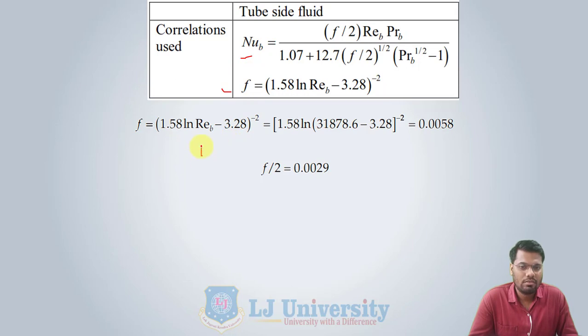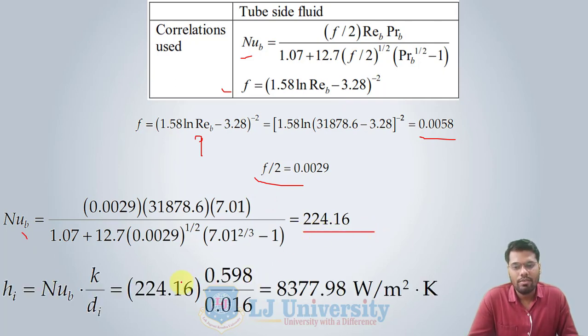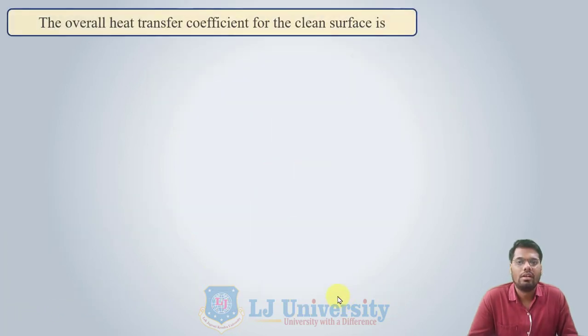In this equation, if we put the value of Reynolds number, we get the friction factor. Now putting the friction factor, Reynolds number and Prandtl number in this equation, we get the Nusselt number, which is 224.16. From that Nusselt number, we can easily find the heat transfer coefficient for the tube side.